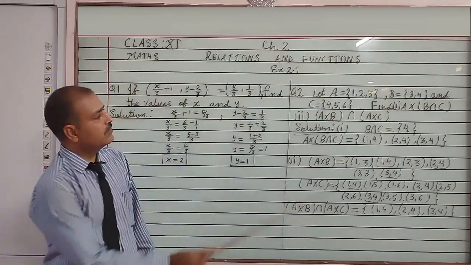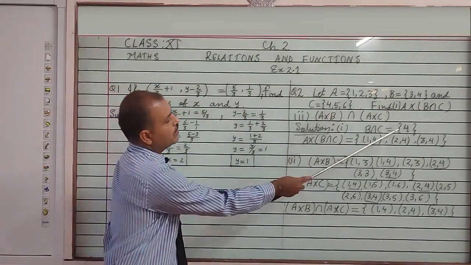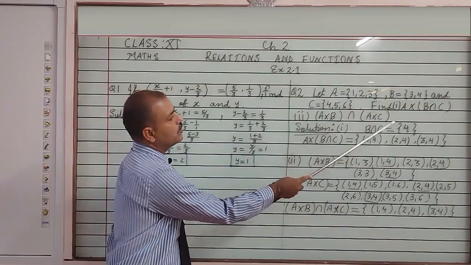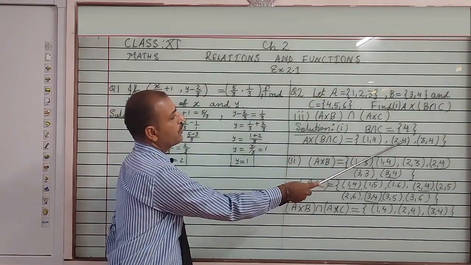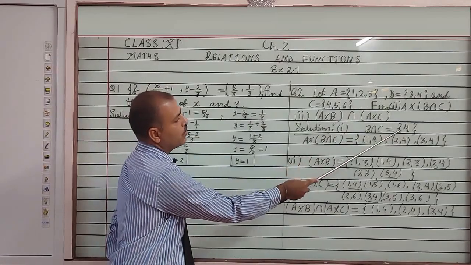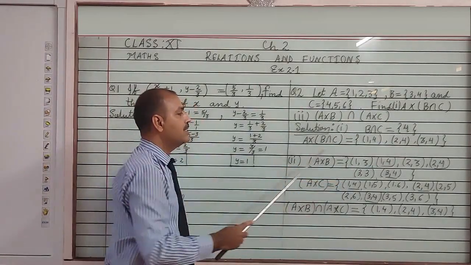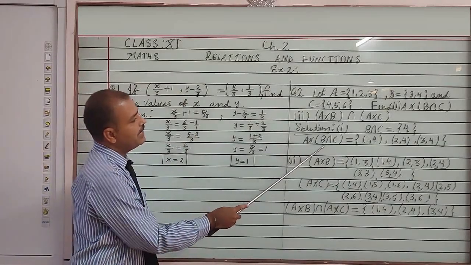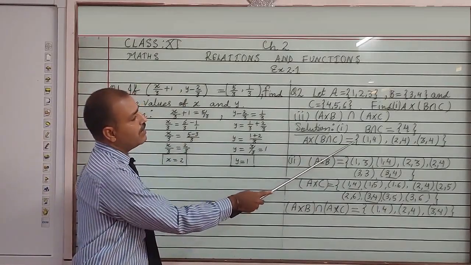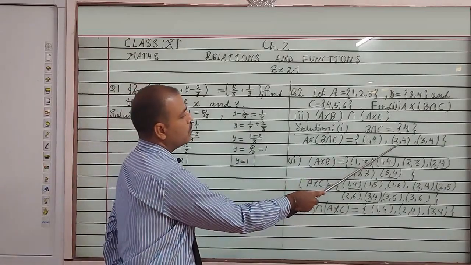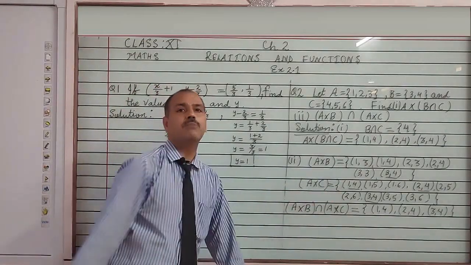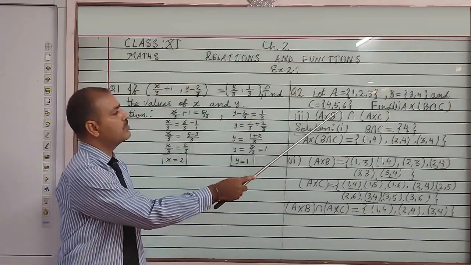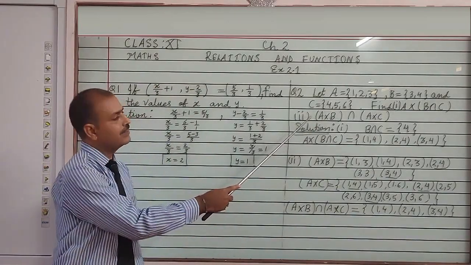So (1, 4), (2, 4), (3, 4). This is the Cartesian product of A × (B ∩ C). So the answer is {(1, 4), (2, 4), (3, 4)}. Any problem? Now, second part.